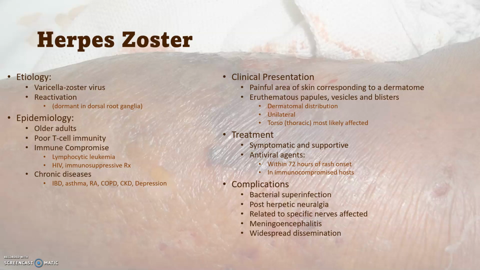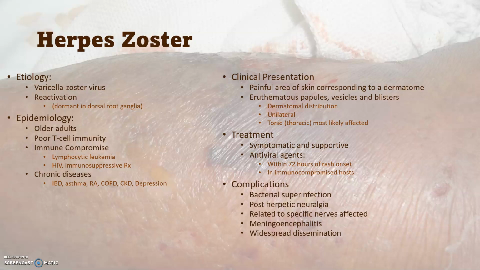With the normal herpes zoster, this presents as a painful area of skin corresponding to a single dermatome, usually affecting the torso, and the thoracic dermatomes are the ones most likely affected. Of course, it tends to be unilateral.